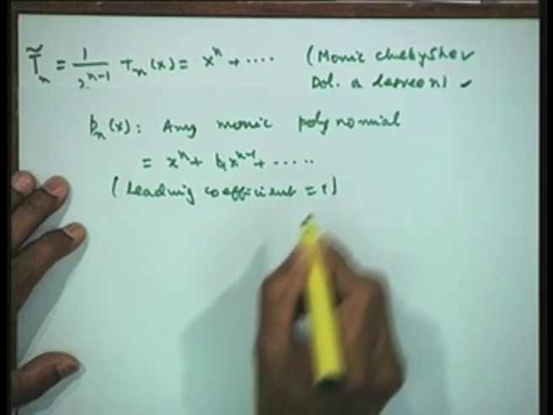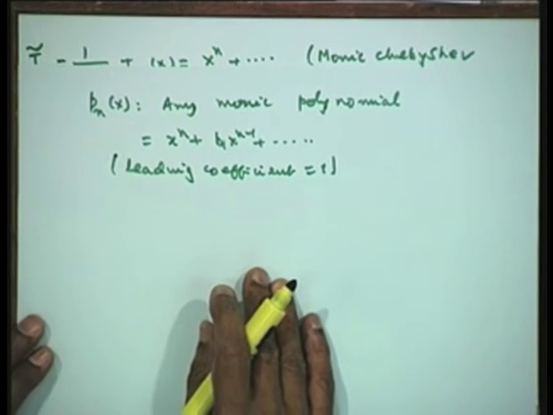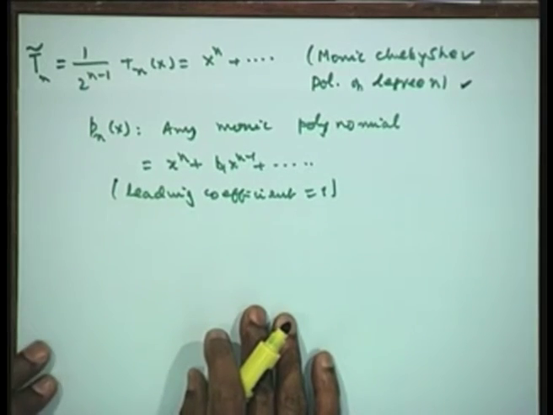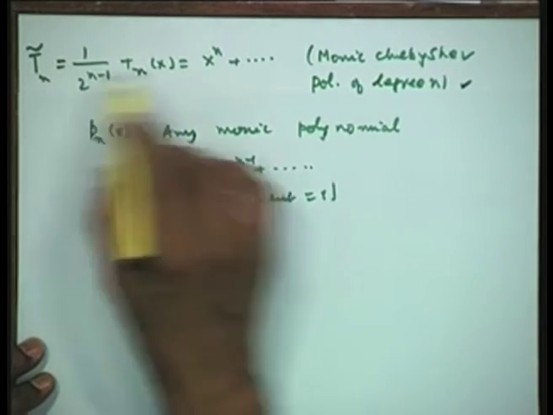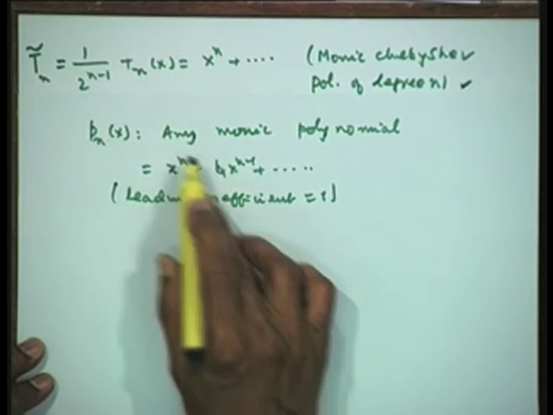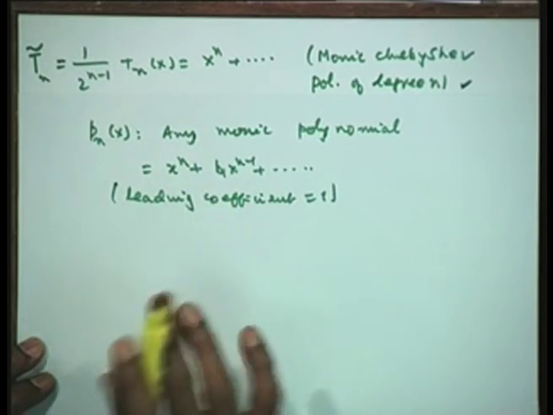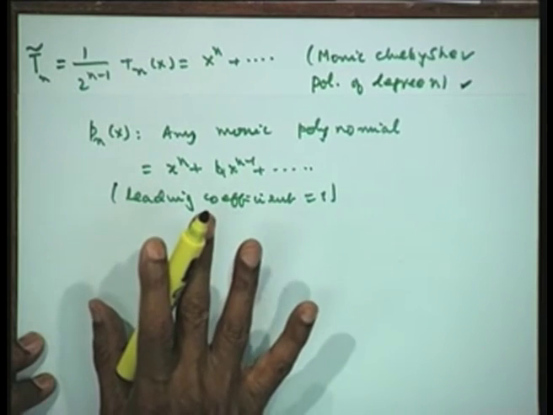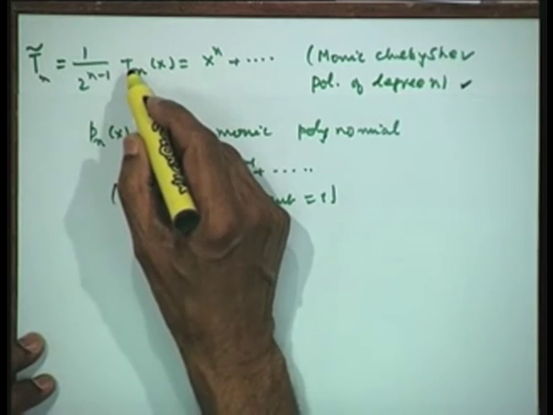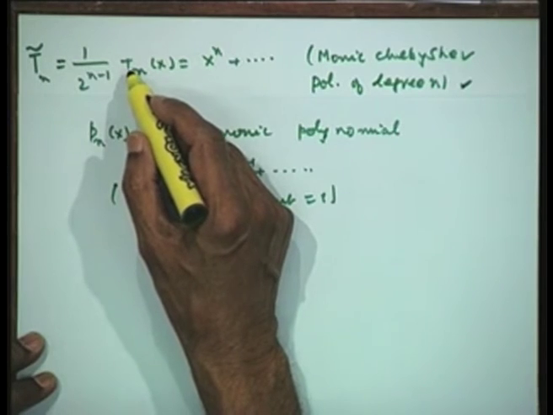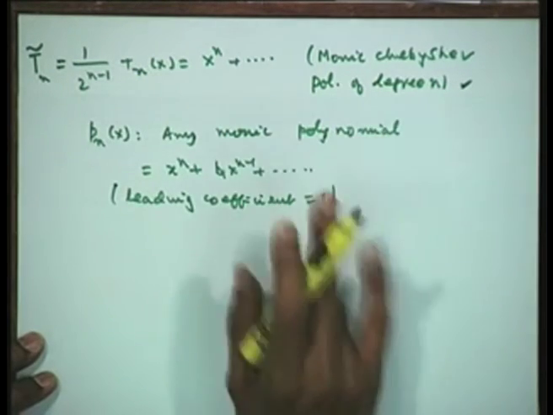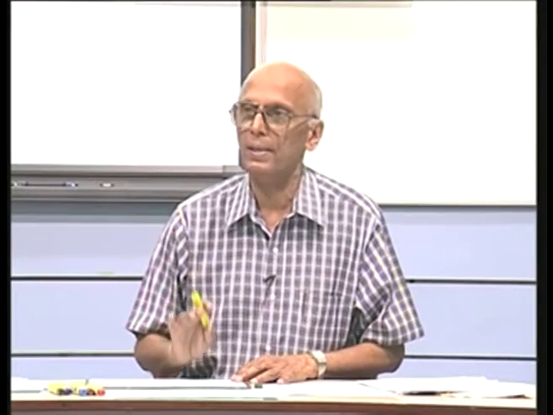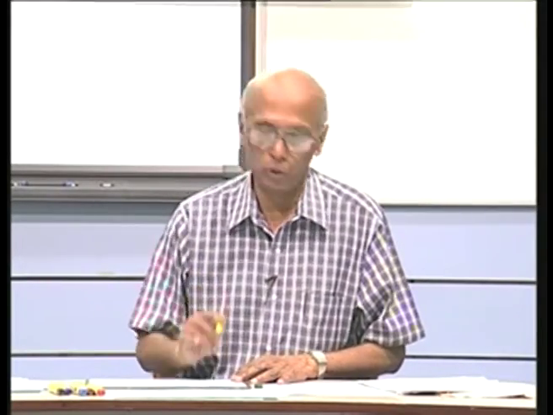Now, if I consider the monic Chebyshev polynomial and an arbitrary monic polynomial on the interval minus 1 to 1 and consider its magnitude, then the monic Chebyshev polynomial is the smallest in magnitude of all the polynomials on minus 1 to 1. There is no polynomial whose magnitude will be less than this particular Chebyshev polynomial.